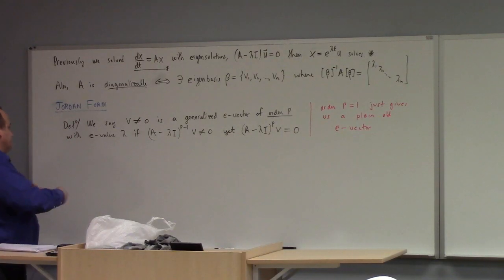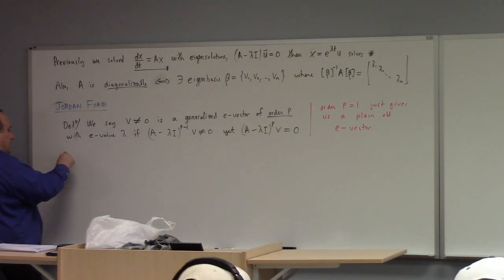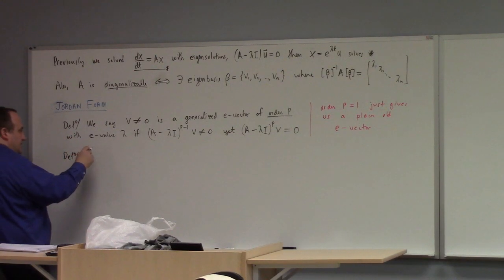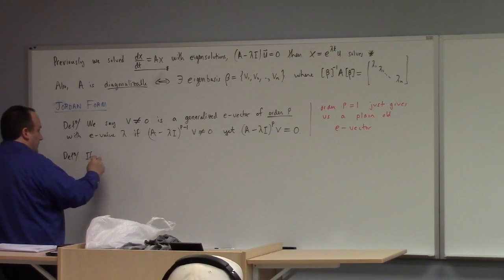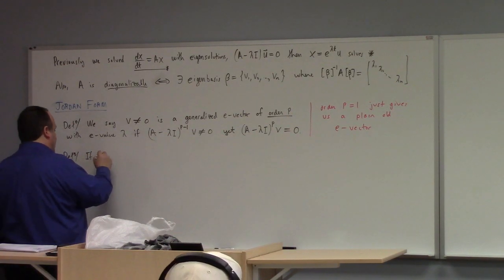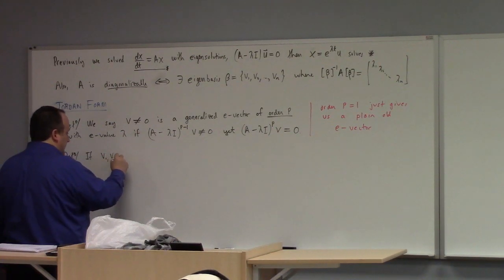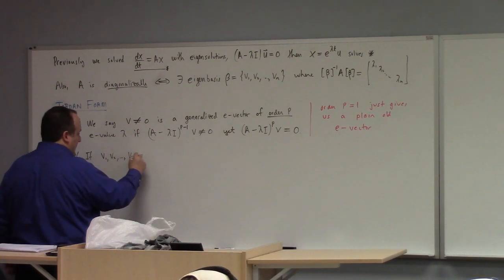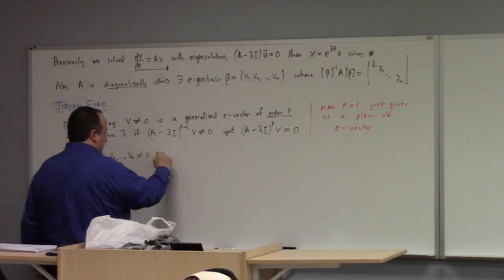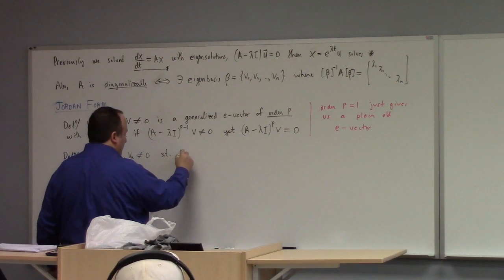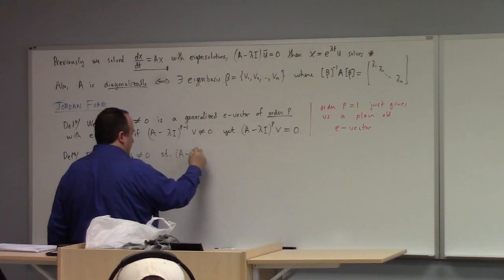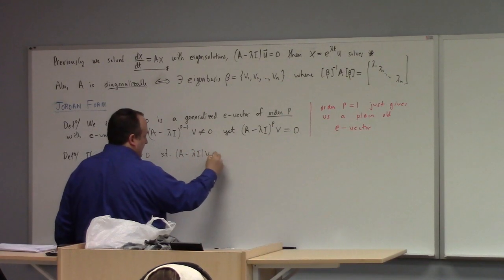Second definition is that if we have v1, v2, ..., vk, all not equal to 0, such that the first one satisfies (A - λI)v1 = 0.